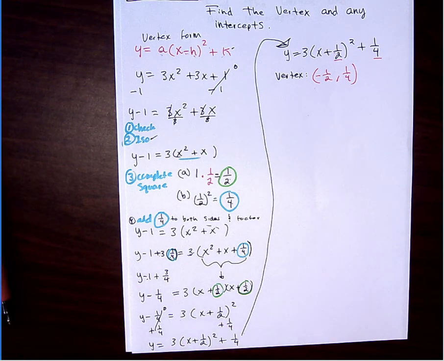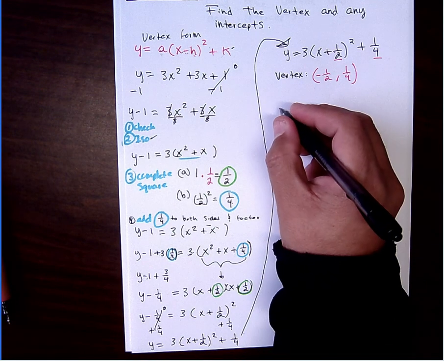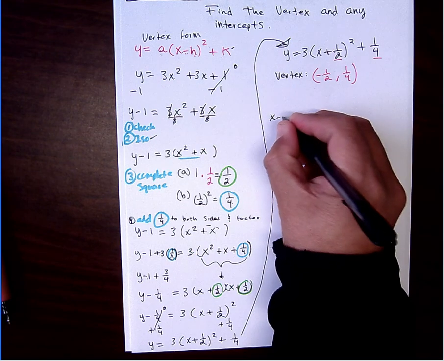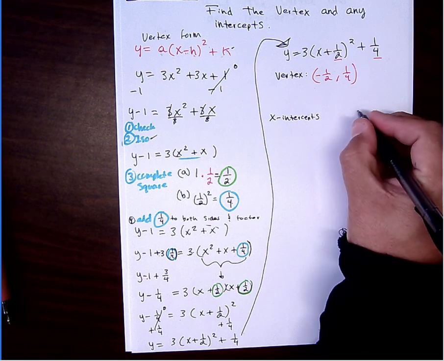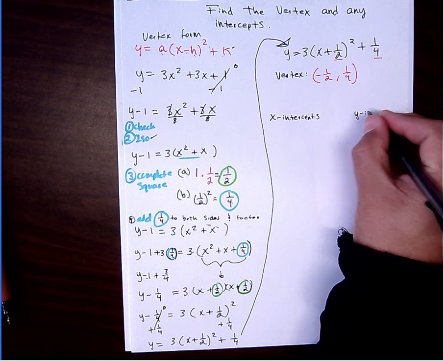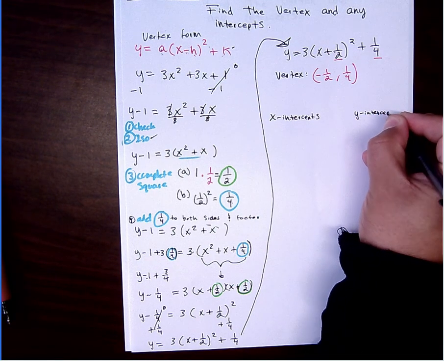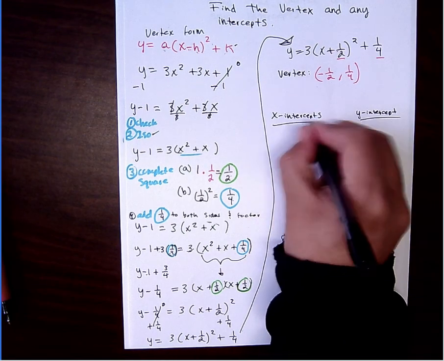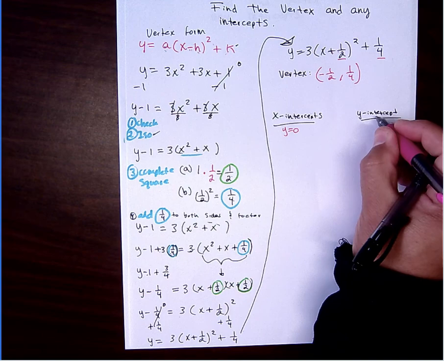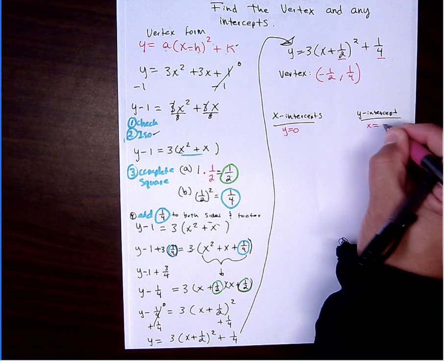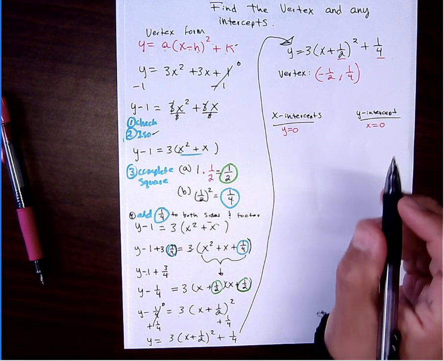So what do we need now? We need the x-intercepts, like the other one. So we need the x-intercepts, and we need the y-intercepts, even though we have it. So for the x-intercept, y equals 0. For the y-intercept, x is equal to 0.